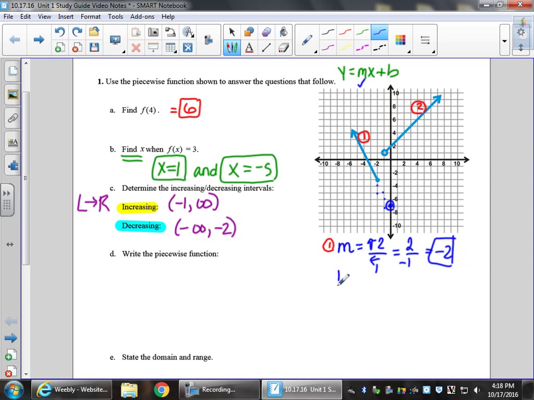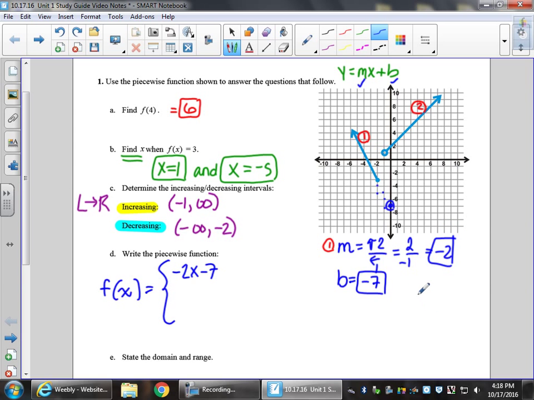So I know b is negative 7. So now that I have m, and now I've got b, I can mentally check off b, we can actually write the first piece. So I have f of x equals mx plus b will translate to negative 2x minus 7. M is negative 2, so negative 2x minus 7.